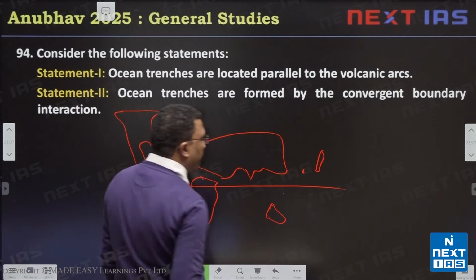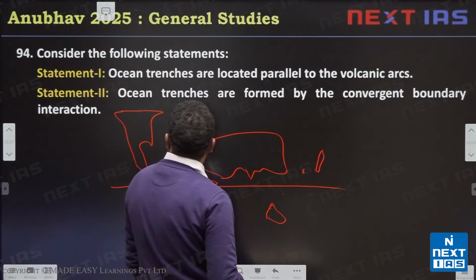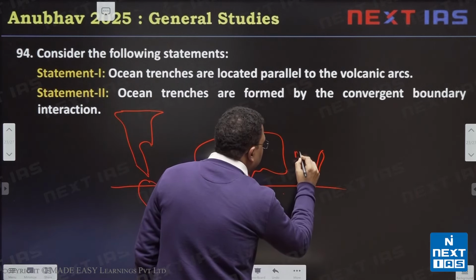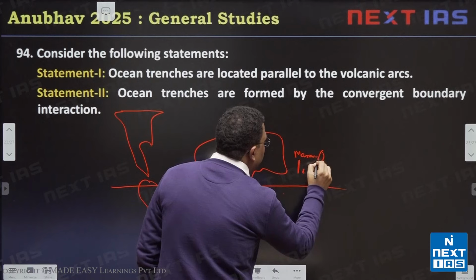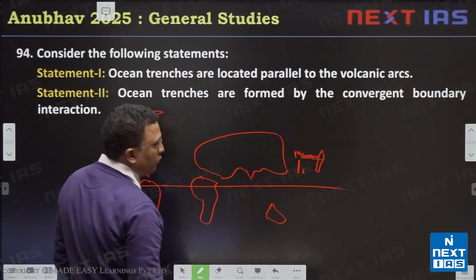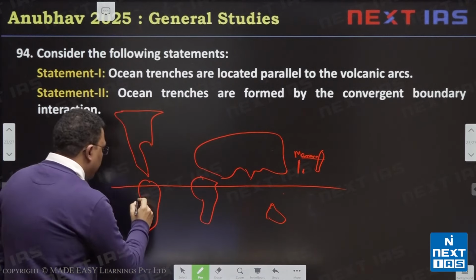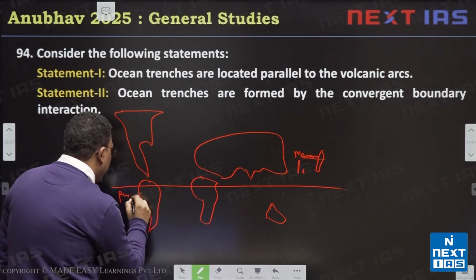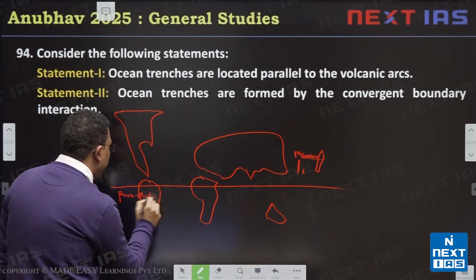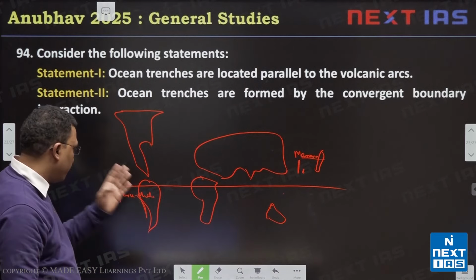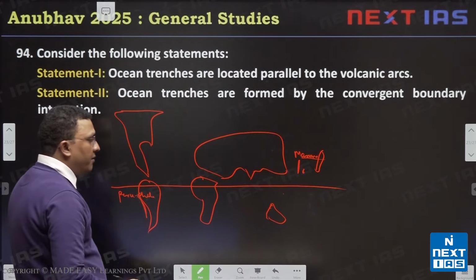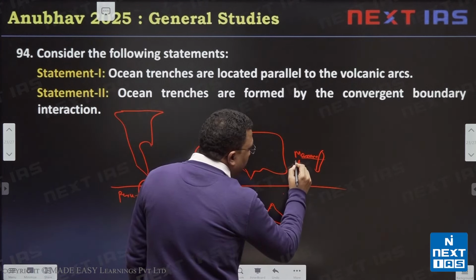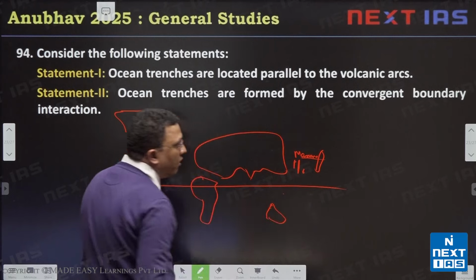And if you see some of the most important ocean trenches, one is Mariana Trench, which is located here. This is the deepest ocean trench in the world. Then there is one trench called Peru-Chile Trench, which is located on the west coast of South America. And if you see on the map, there is one volcanic arc located parallel to all the ocean trenches.